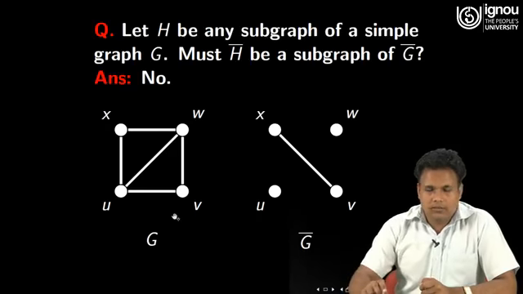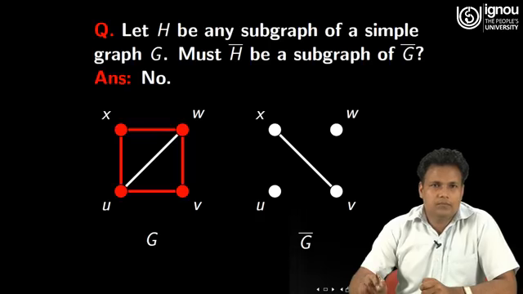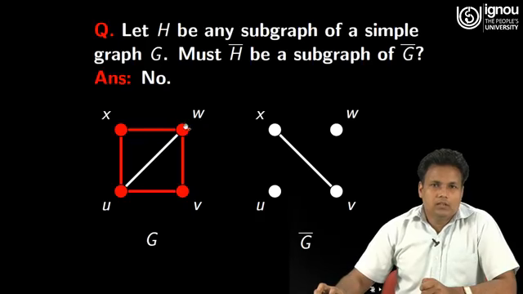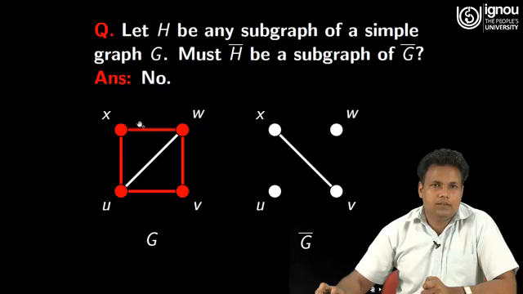Now, let us look at some subgraph H of G shown in red vertices and red edges. Just look at the pair U and W. U and W are not adjacent in this graph, and hence they must be adjacent in the complement of this graph.